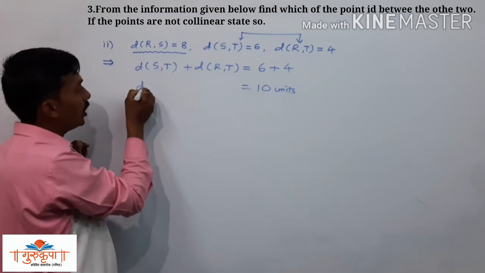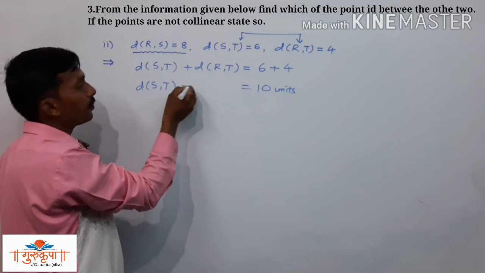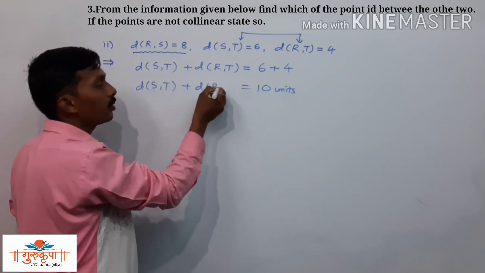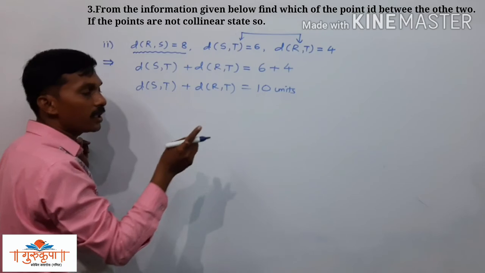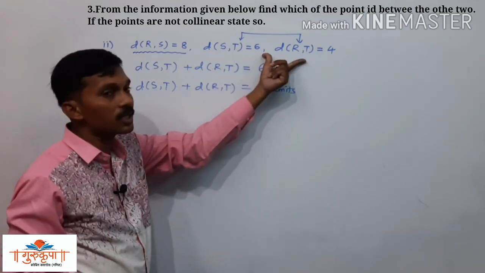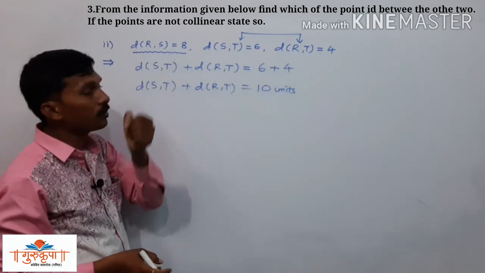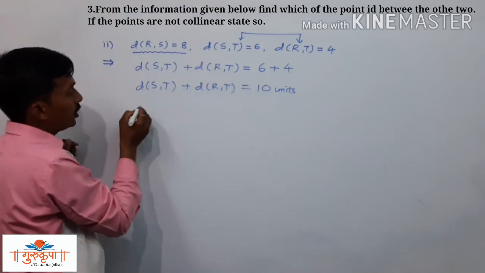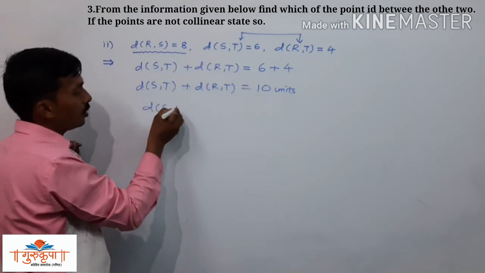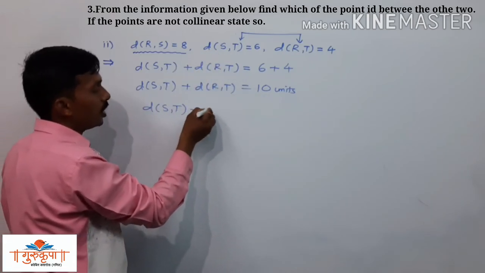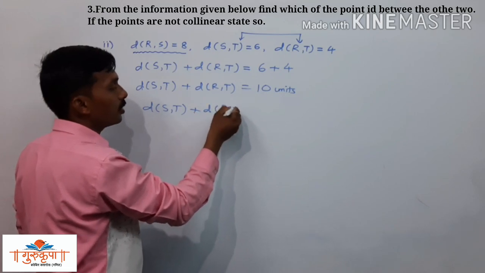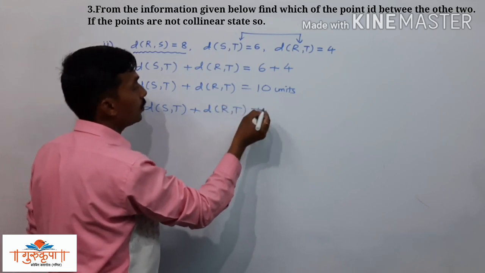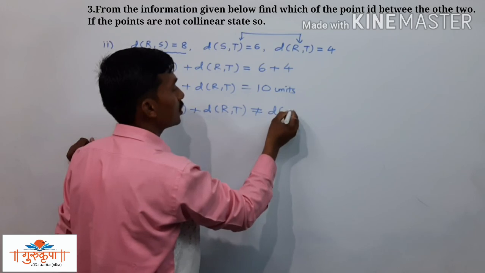So here we have to write that the sum of these two distances is not equal to the third one. Distance ST plus distance RT is not equal to the distance RS.